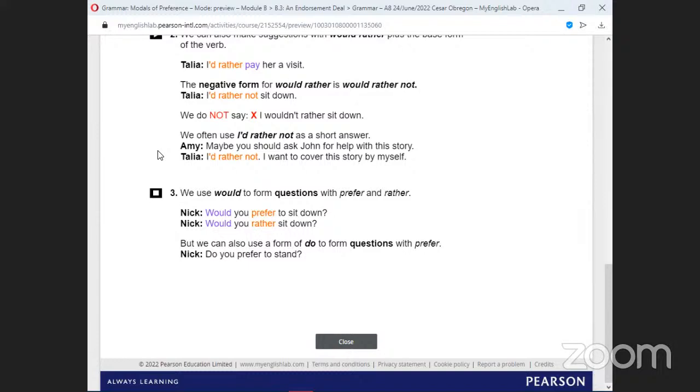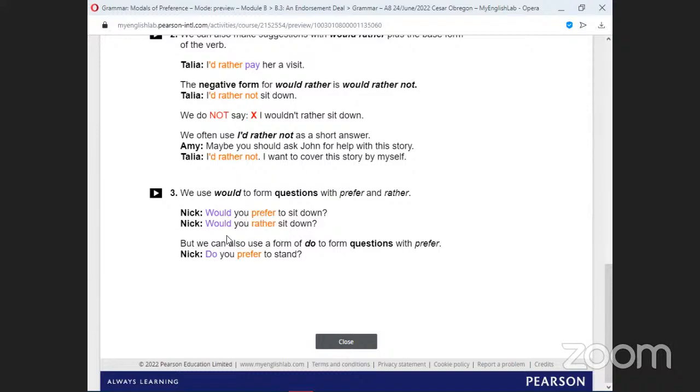Do you prefer to stand? So we use would to form questions with prefer and rather. Would you prefer, would you rather sit down?